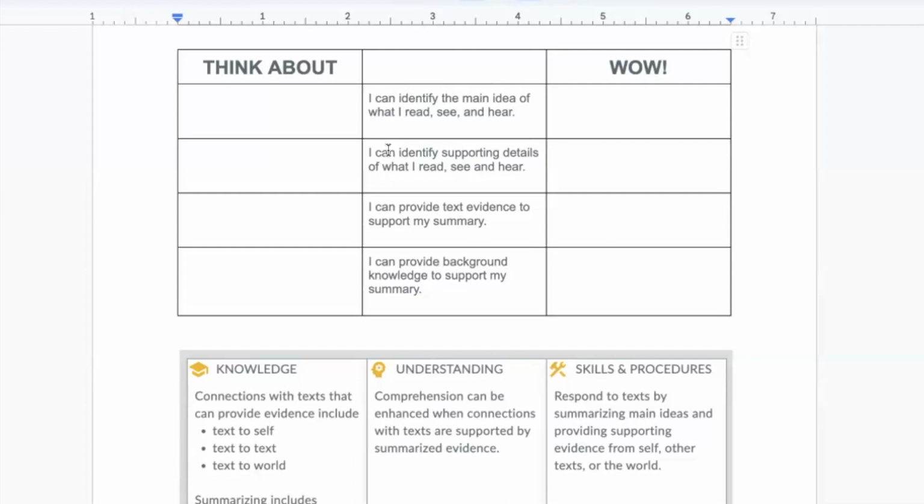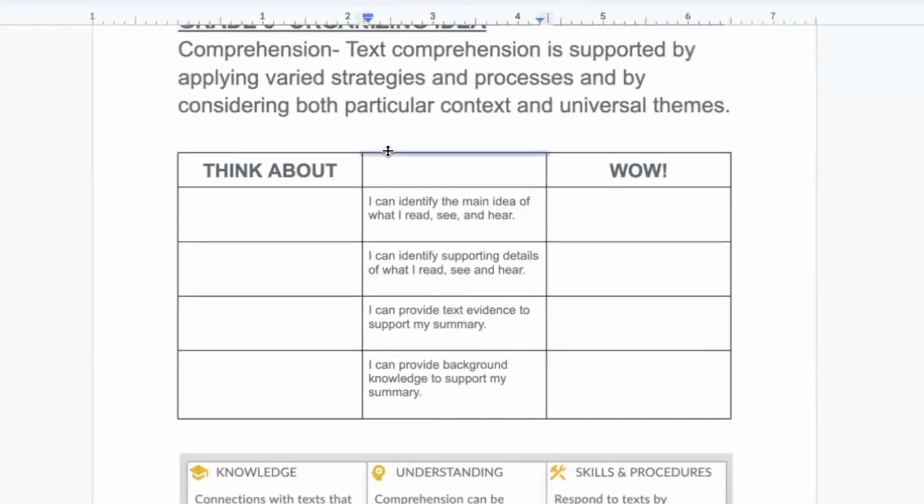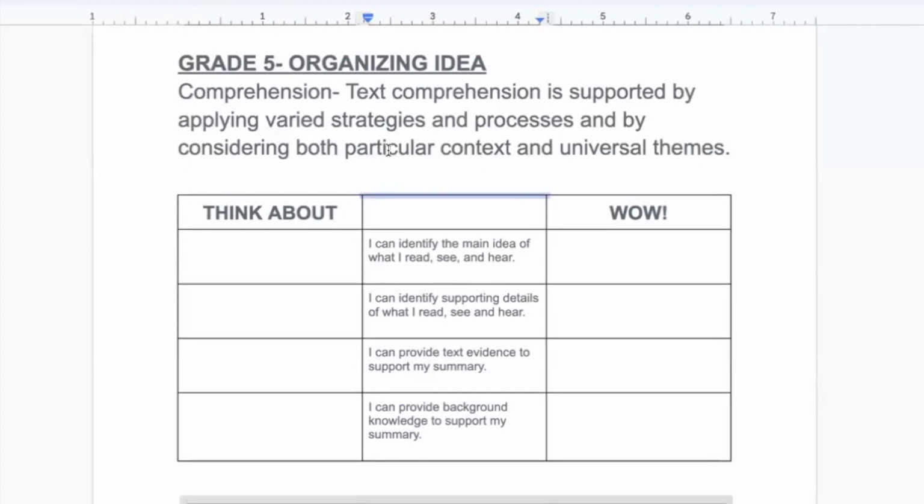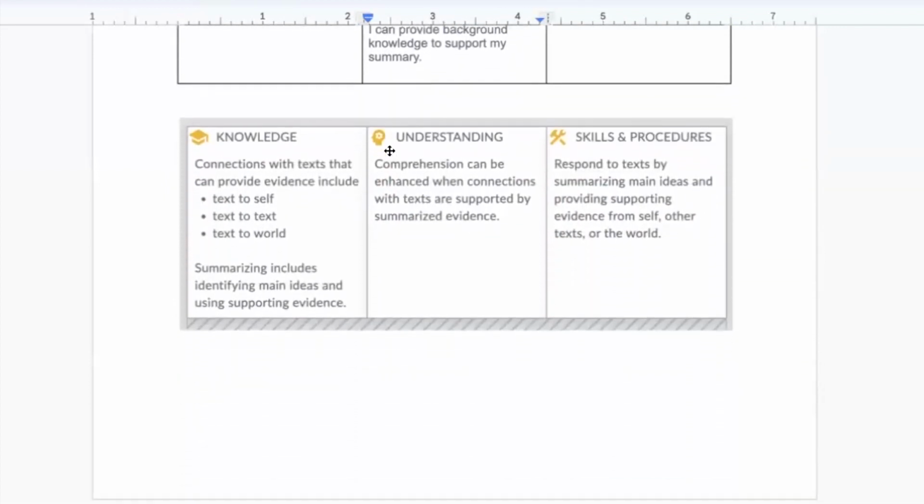And we really did take that organizing idea and we broke it down into small pieces. So we took the cusps and we looked at those, and then we went back. It was very clear that this was about summarizing. Summarizing includes identifying main ideas and using supporting evidence.